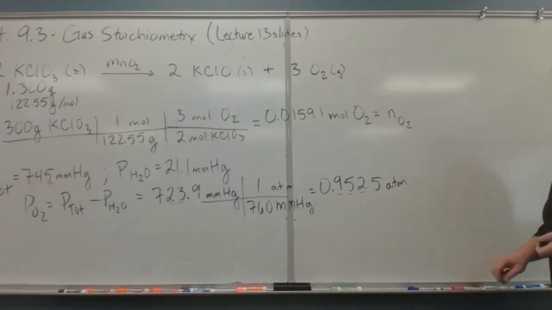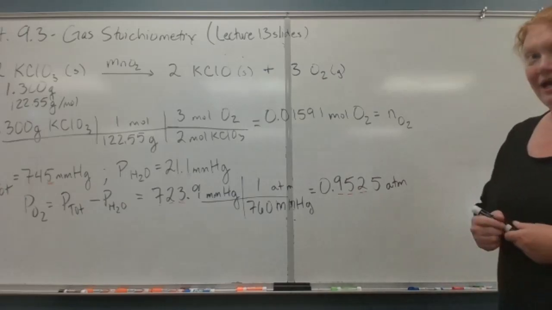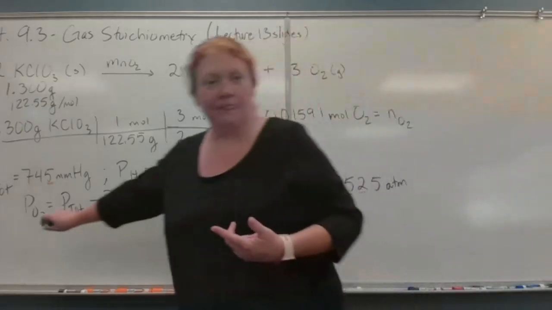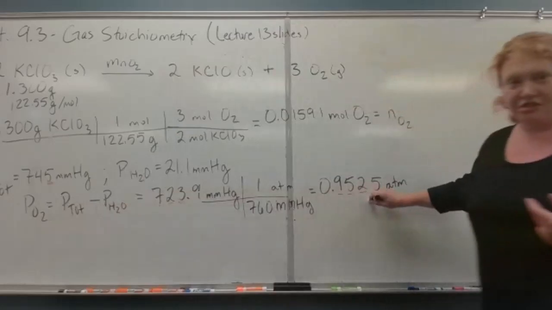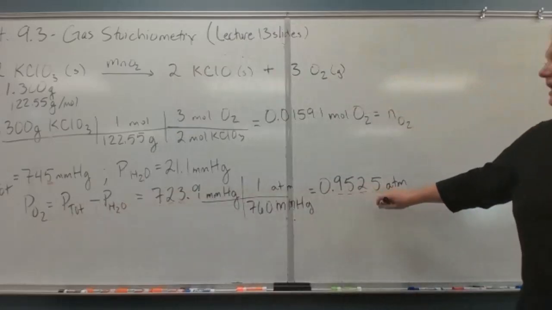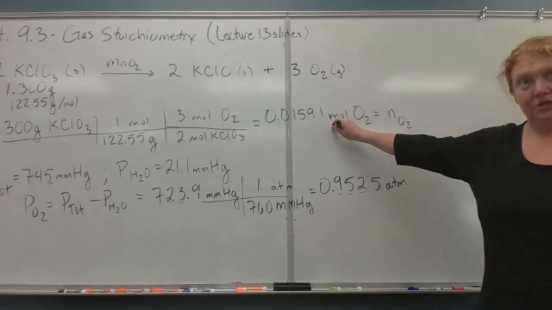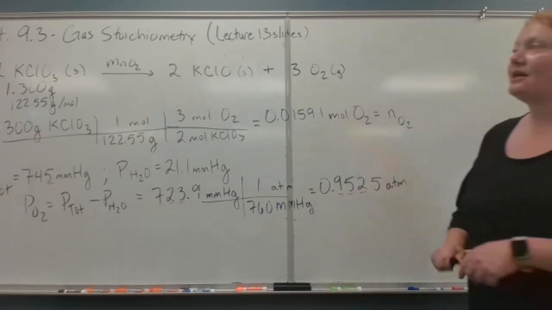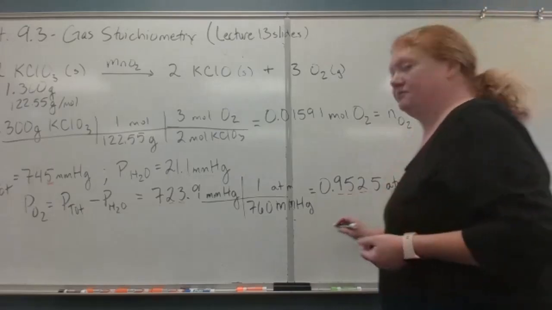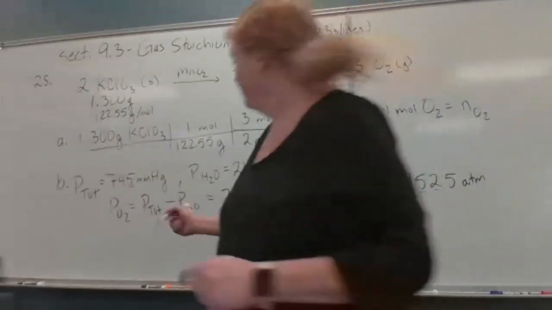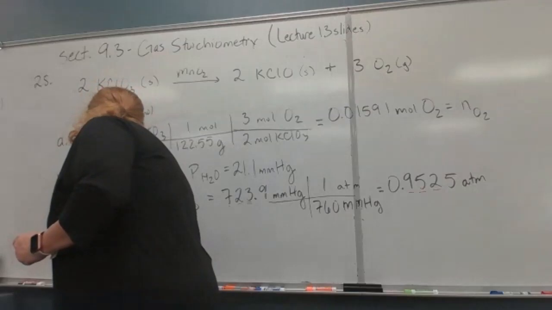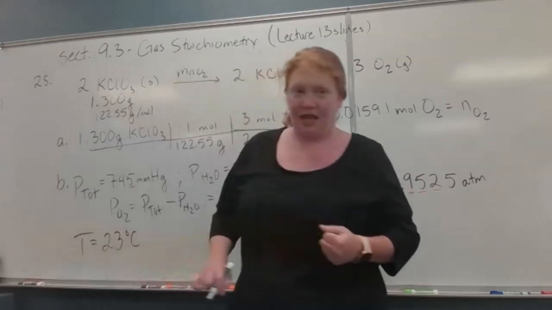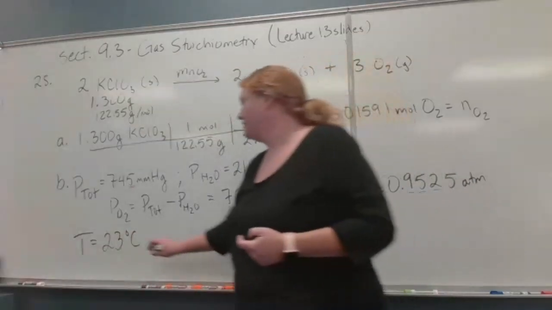Okay, if I'm going to calculate volume from the ideal gas law, I have to be given the pressure, which I just found. I have to have the moles, which I found. I have to have the temperature. At 23 degrees C, what is the temperature in Kelvin? 23 degrees Celsius, add 273.15.